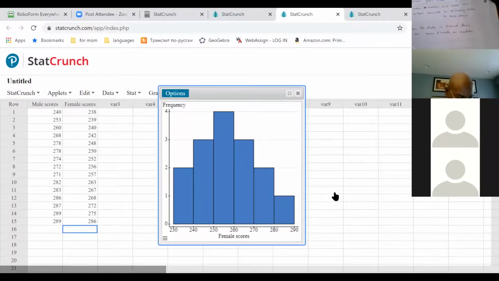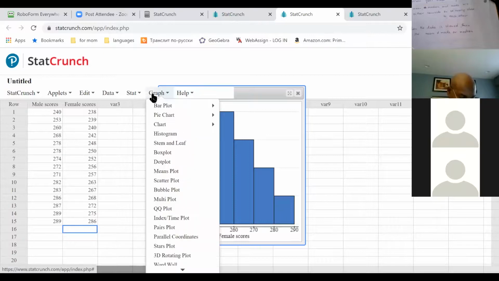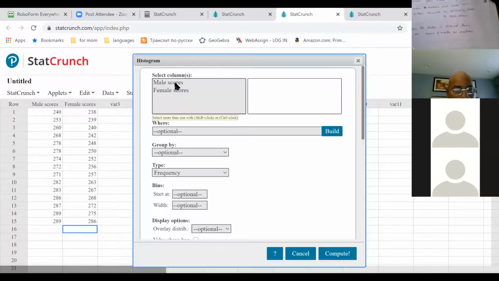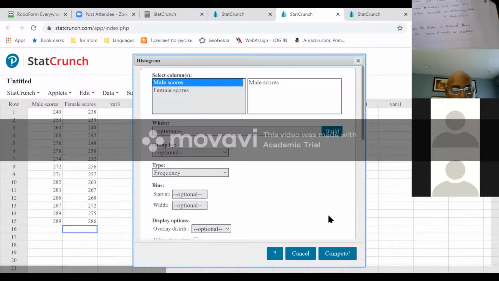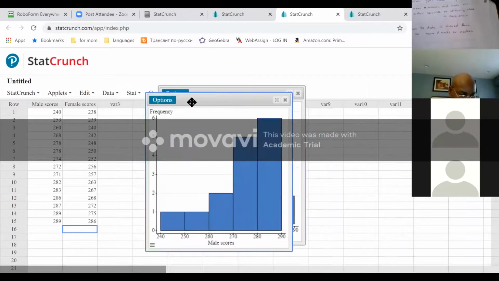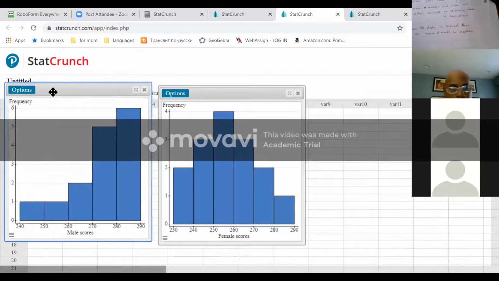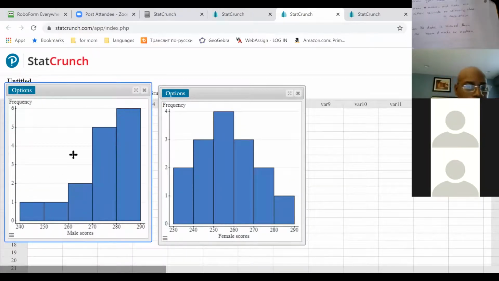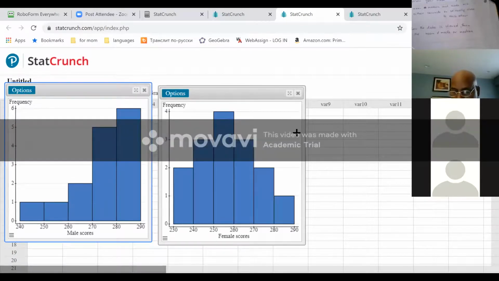Now, the histogram for male scores: this is what it looks like. Obviously this data is skewed to the left. It's not symmetric at all. The female scores are more symmetrical.